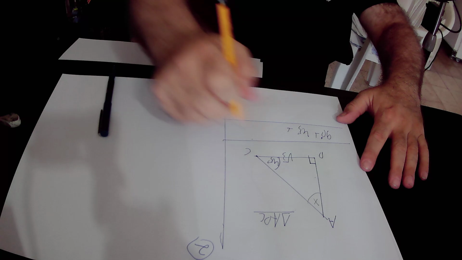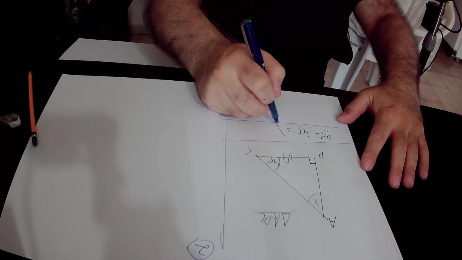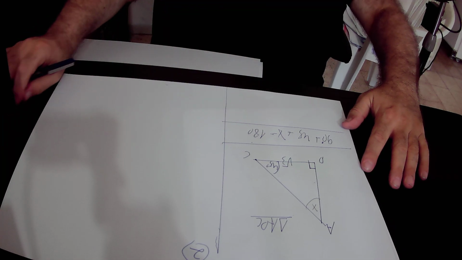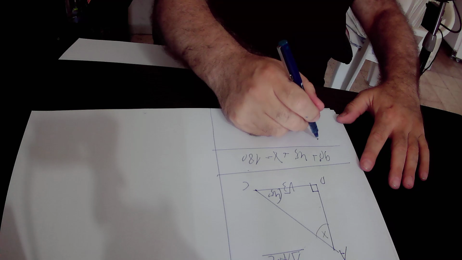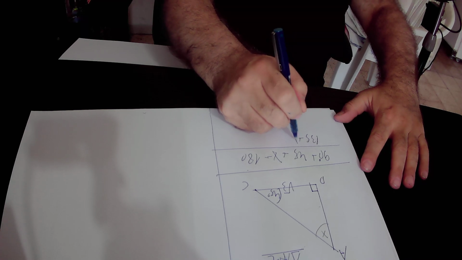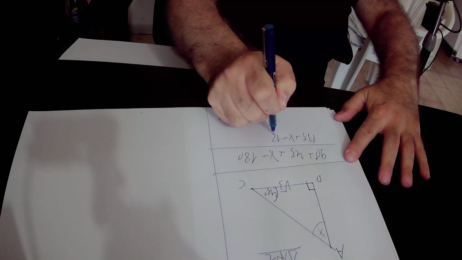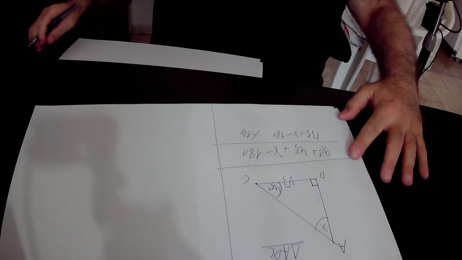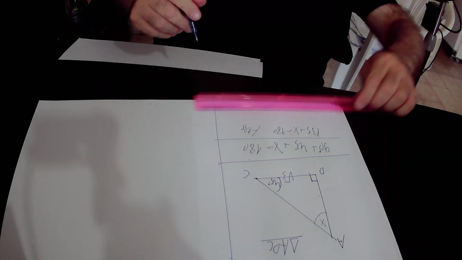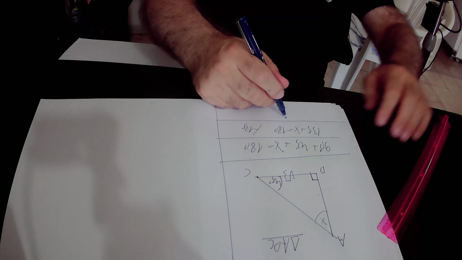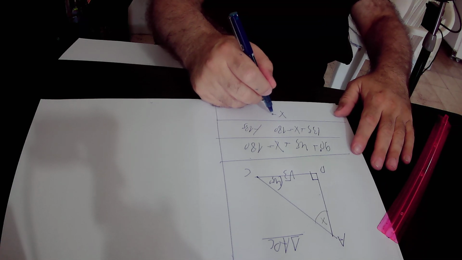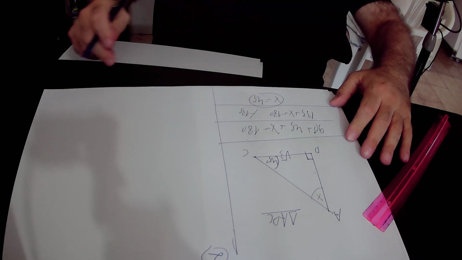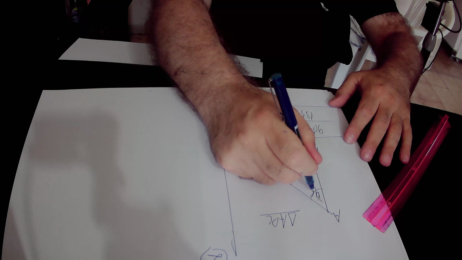In total, the sum of those three angles must be equal to 180 degrees. 90 degrees plus 45 degrees is 135 degrees, plus x. Here we subtract 135 degrees from this equation, and we get that the missing angle, angle x, equals 180 degrees minus 135 degrees, which is equal to 45 degrees.